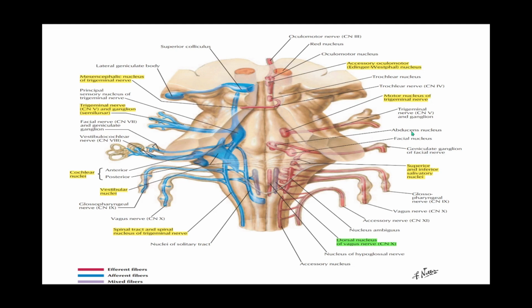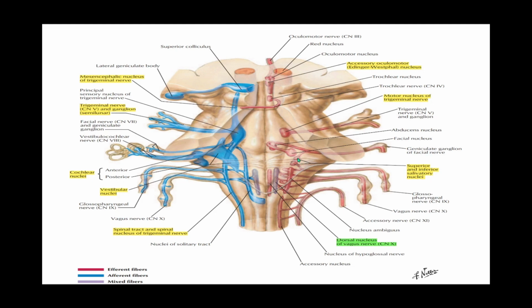Cranial nerve 6, abducens, you see, is actually still in the pons, at the level of the pontomedullary junction, close to that. That's the abducens nucleus. Okay, and then the facial nucleus, also at the pontomedullary area. That's the motor part of the facial nerve. And the sensory part of the facial nerve is from the superior salivatory nucleus.